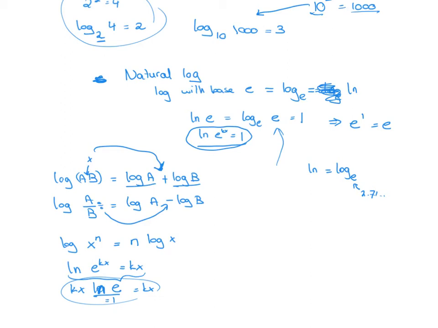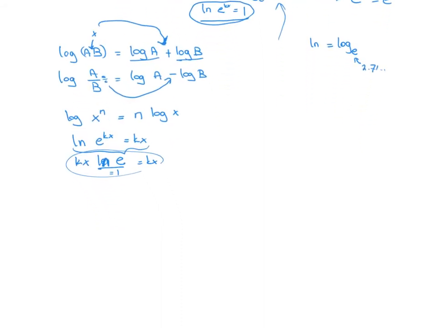So why do I even care about this? Well, like I said before, if I want to be able to solve a graph or write my expression in a straight line, say we have V is equal to V naught e to the minus t over CR. Now this is an exponential graph. This is very hard for us to analyze.